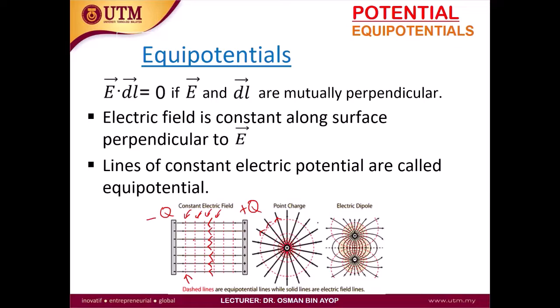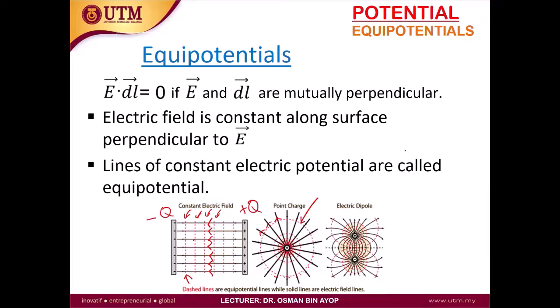If I draw a few equipotentials at certain distances from the charge, we can see here that the electric field as well as the potential along an equipotential will have the same magnitude. Please remember that.